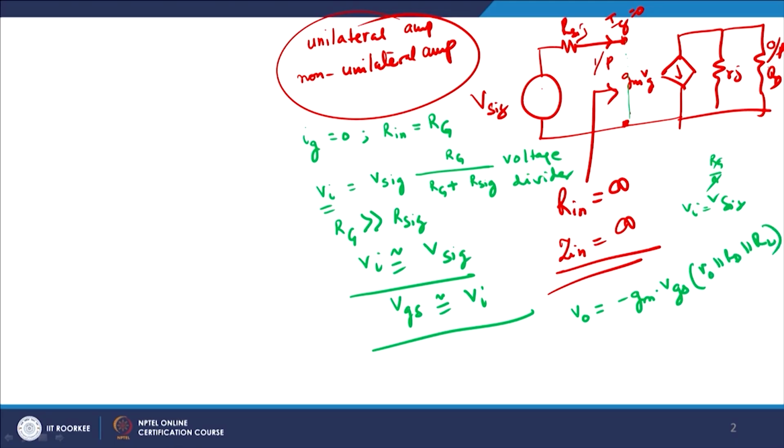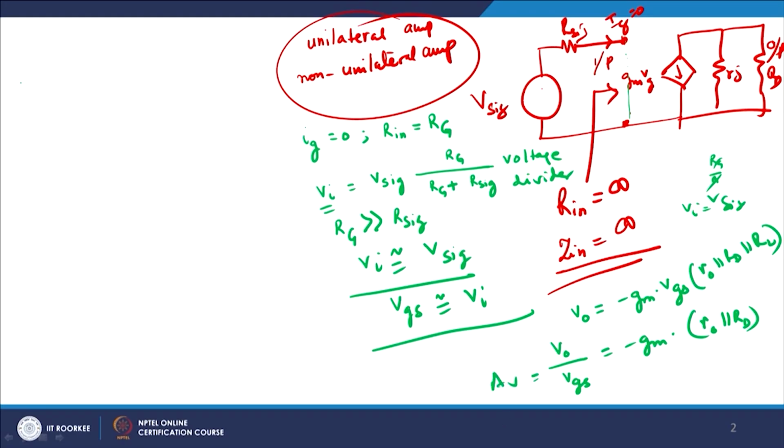RL is the load resistance, there will be some load resistance on the output side. So if you want to find out gain, V0 by Vgs will be nothing but Gm times Ro parallel to Rd, assuming that RL is very large as compared to both of them. This is nothing but AV, voltage gain.